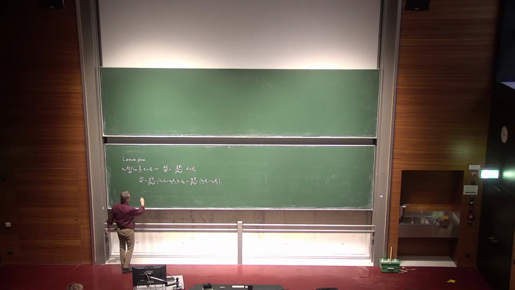Vz is just constant. So I get Vx dot is qB divided by gamma m_e c Vy, and Vy dot is minus qB divided by gamma m_e c Vx.